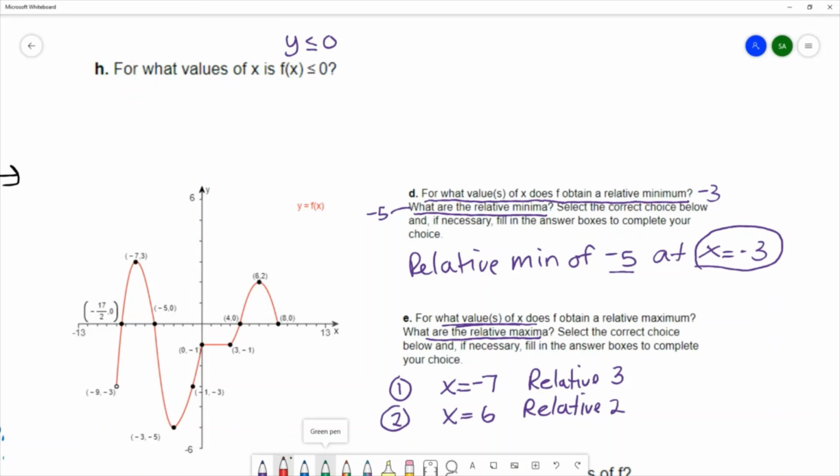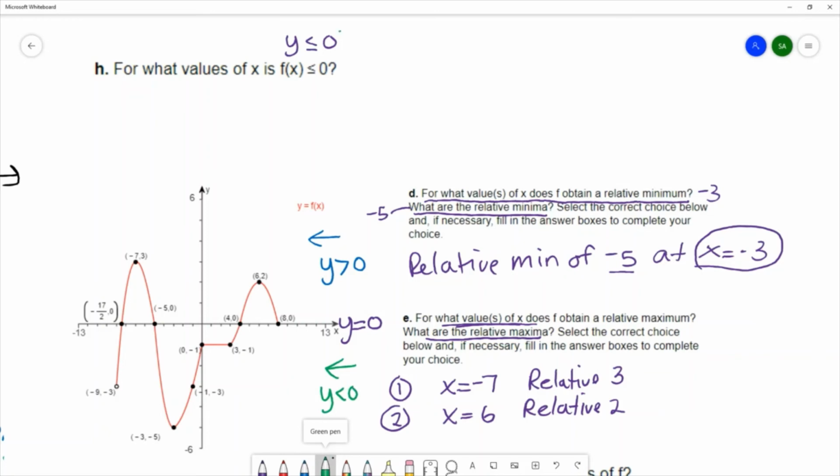We have where y equals 0, y equals 0 along the x-axis. Then above the x-axis, that's where y is greater than 0. So everything above the x-axis is y greater than 0. And then below the x-axis, that's when y is less than 0.